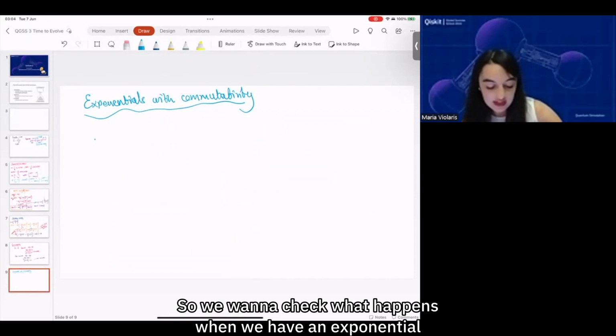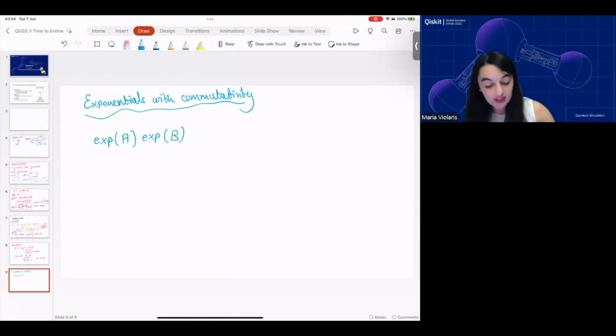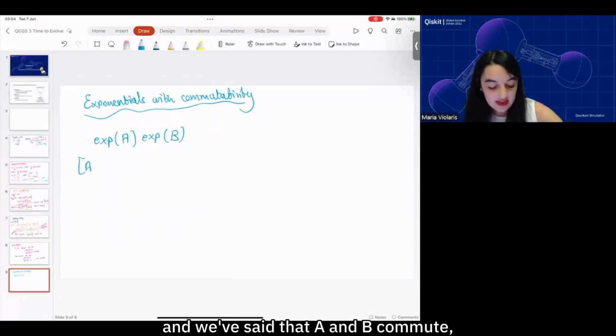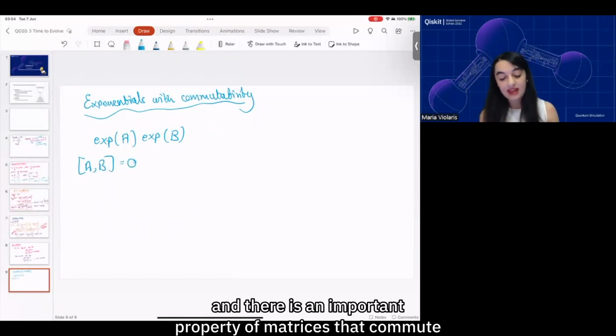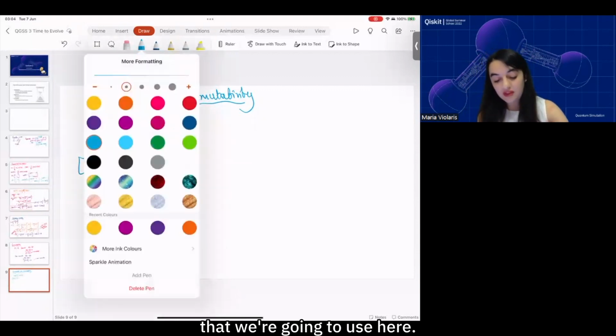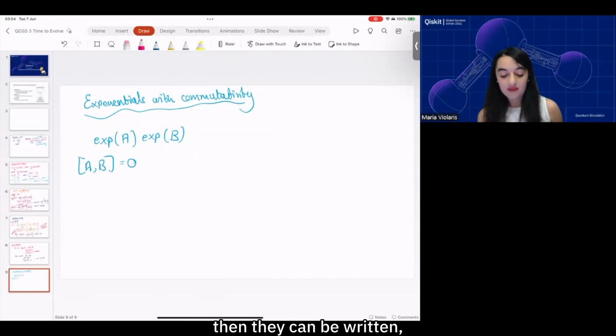Okay, so we want to check what happens when we have an exponential of A and an exponential of B. And we've said that A and B commute, which means their commutator is 0. And there is an important property of matrices that commute that we're going to use here. And that is that if matrices commute, then they can both be written diagonally, simultaneously diagonalizable.